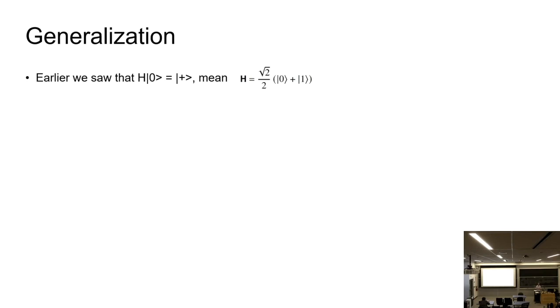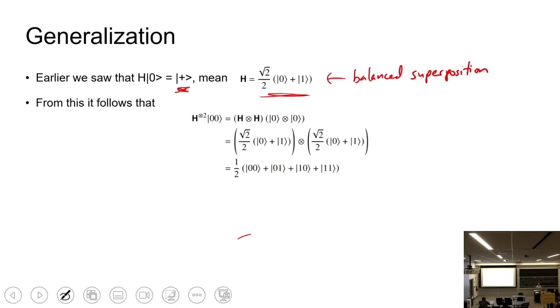So if we think about the 2-qubit Hadamard gate applied to our quantum state 0, 0, with both qubits initialized to 0, that's just the tensor product of the Hadamard gate with itself times the tensor product of the 0 state with itself, which gives us this nice form: 1/2 times 0, 0 plus 0, 1 plus 1, 0 plus 1, 1.